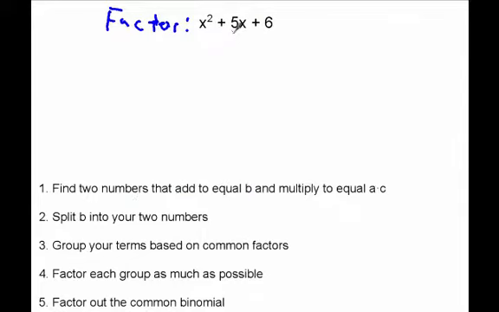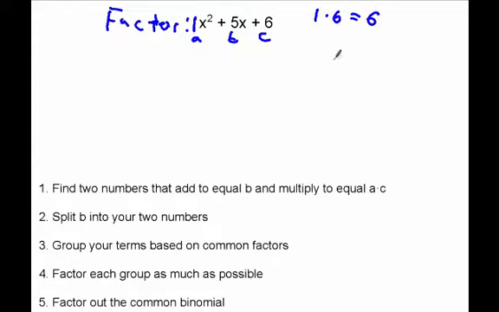So here's our b right here. 5 is our b. 6 is our c. You notice we don't have an a over here. Well, remember, x squared is the same thing as saying 1x squared, so 1 is our a. So we need to find two numbers that multiply together to equal 1 times 6, which is 6, and add together to equal 5.